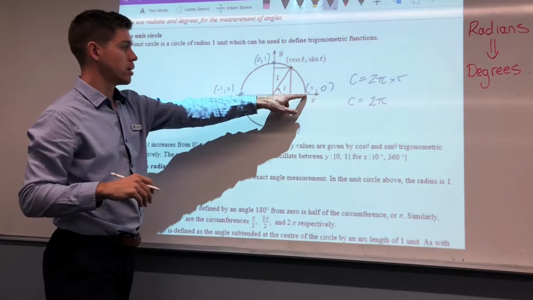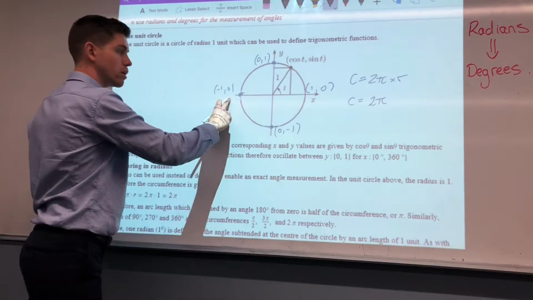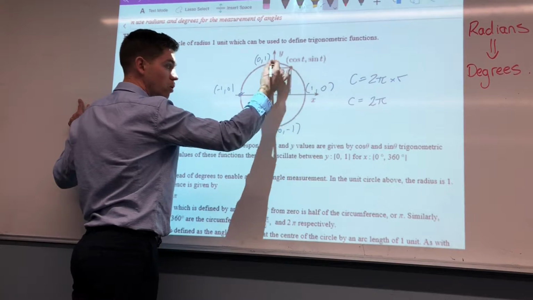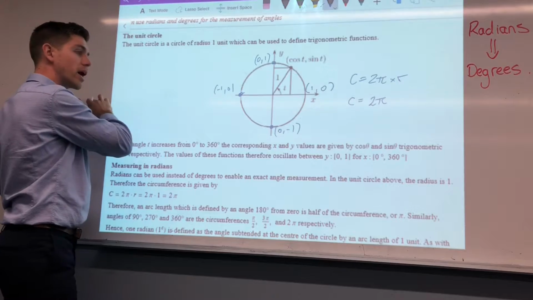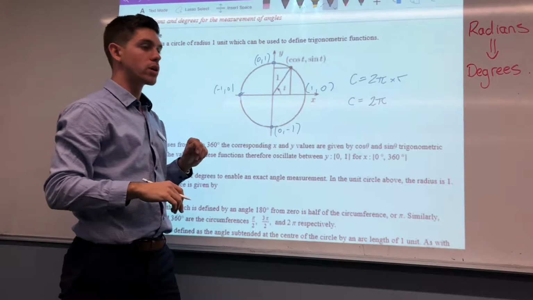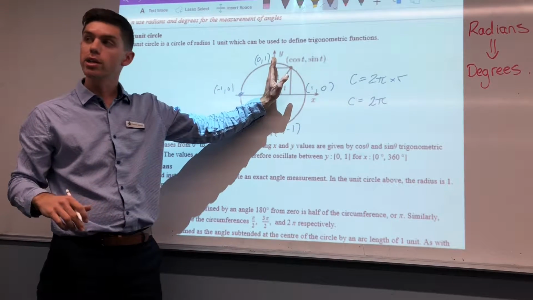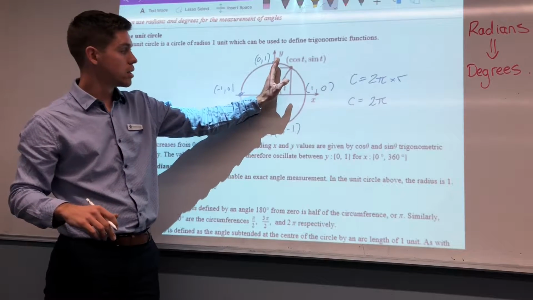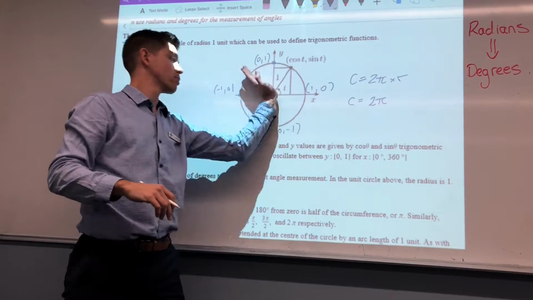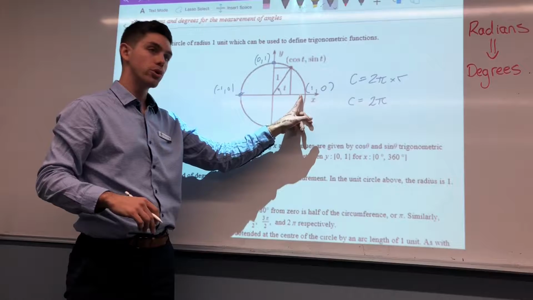So if we unraveled this circumference and put it in a line, we have at the start 0, and if I walk to the end of the line, how far have I walked? 2 pi. So if the angle is pointing directly up at 90 degrees, then this is a quarter of the way through 2 pi. If the angle is 180 degrees, it is half of the way through 2 pi.